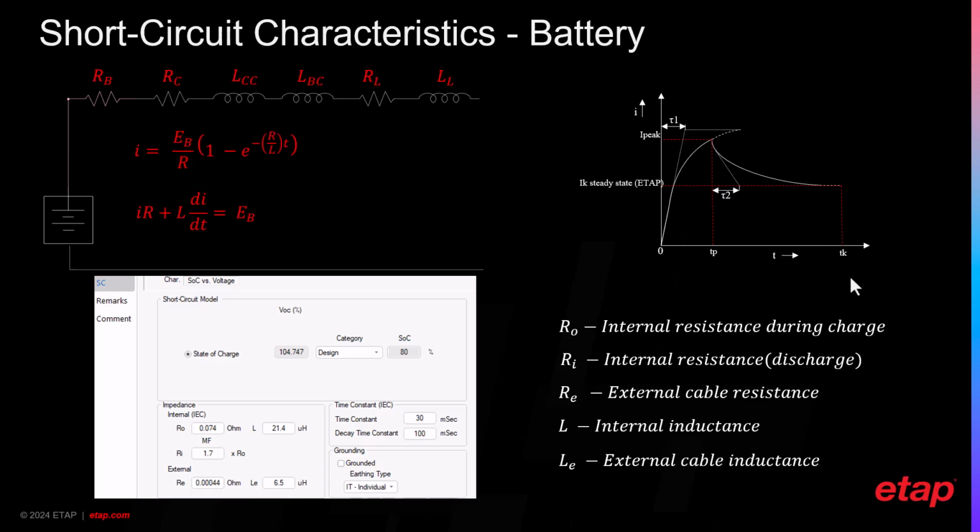This plot also shows the time to peak and the rise and decay time constants respectively. The point in time marked as Tk can be considered the fault duration, and this is the time we'll be using to determine the incident energy.